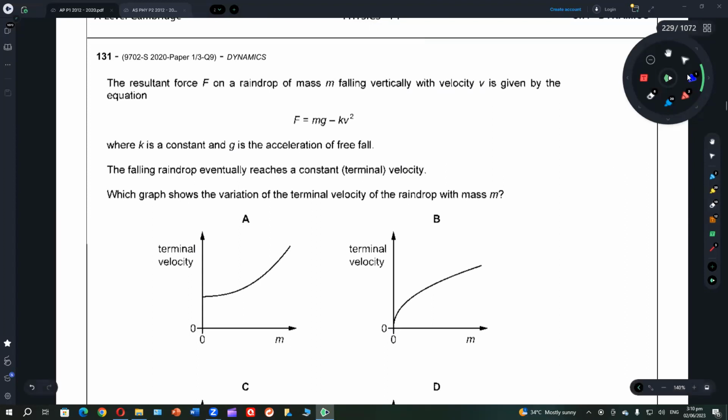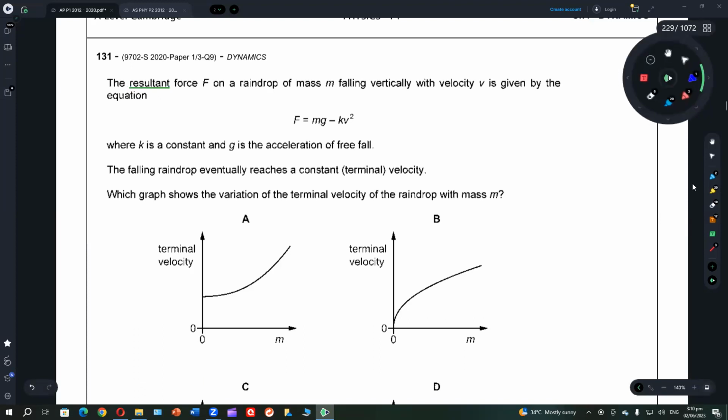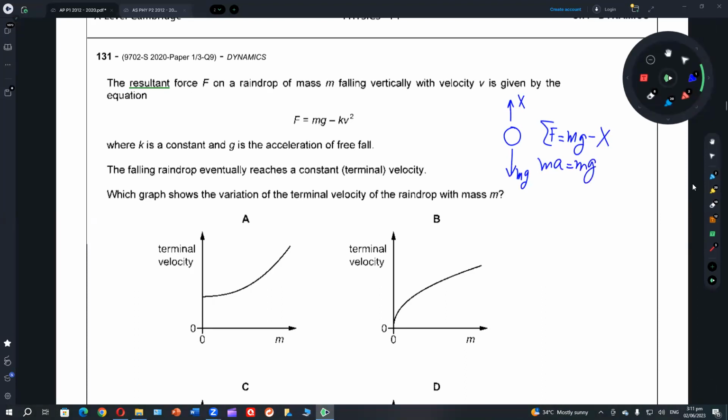He's using the word resultant force. I'm taking the upward force as kv squared.